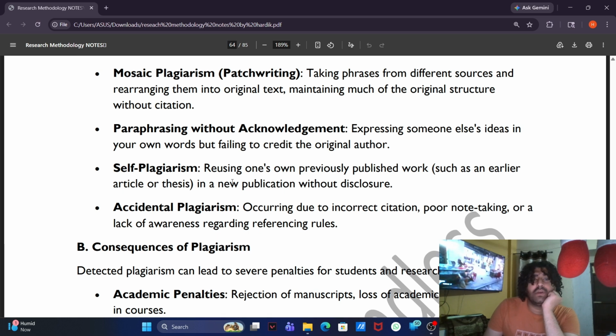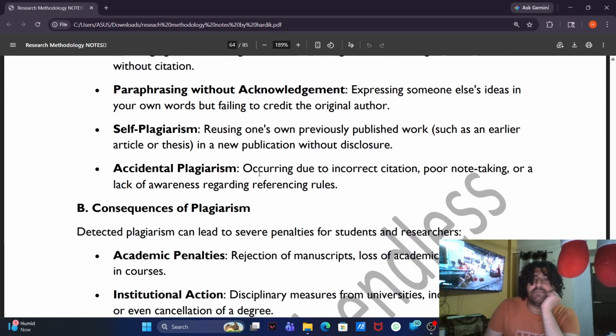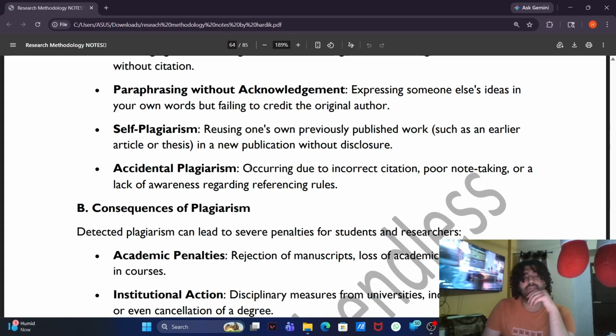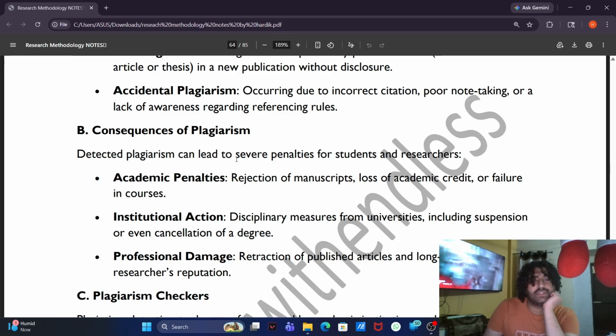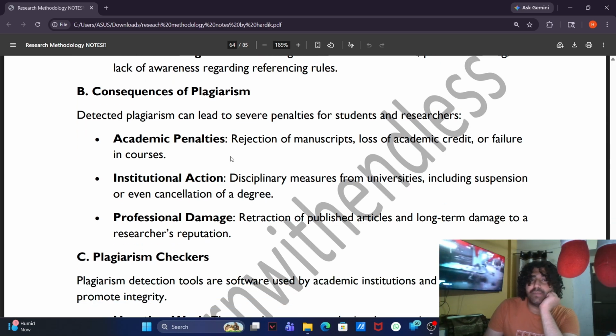Self plagiarism: reusing one's own previously published work, such as earlier articles or theses, in a new publication without disclosure. Accidental plagiarism: occurring due to incorrect citations, poor note taking, or lack of awareness regarding referencing rules.